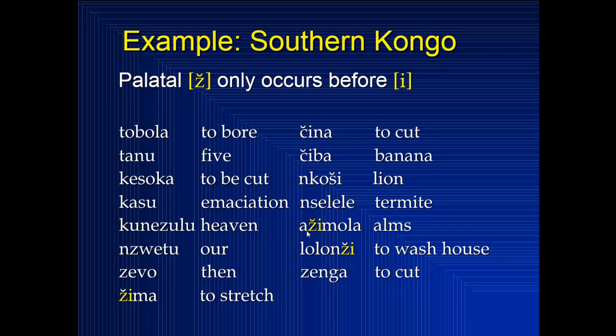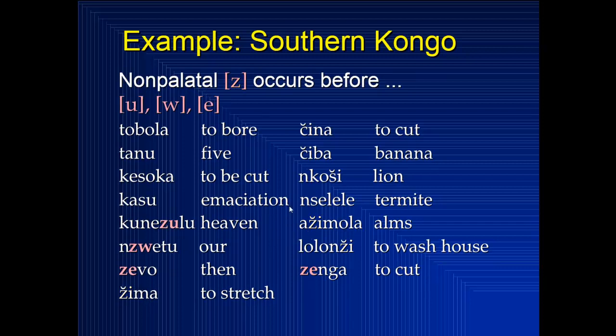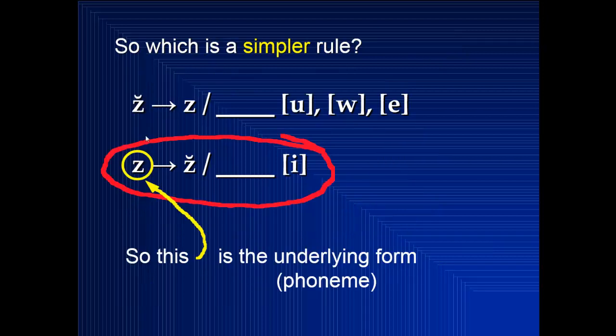Or can we say that j becomes z when it is followed by this one, and by this sound here? These are the rules. J can become z in the context where it is followed by this one and this one here. Or we can say z becomes j when it is followed by just e. So, in fact, this is the underlying form or the phoneme here.